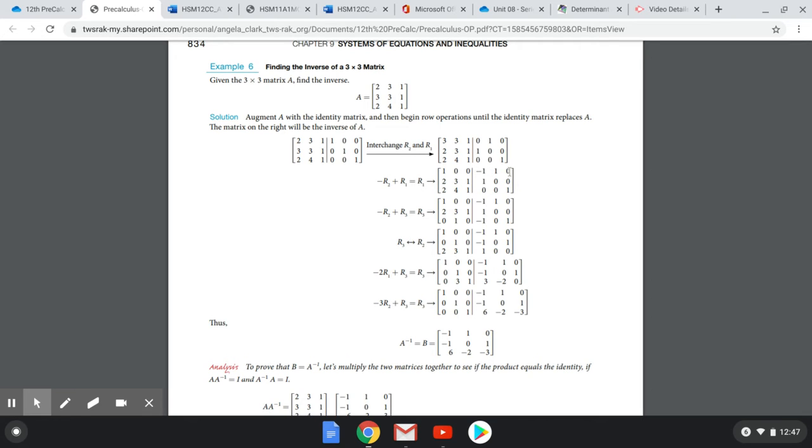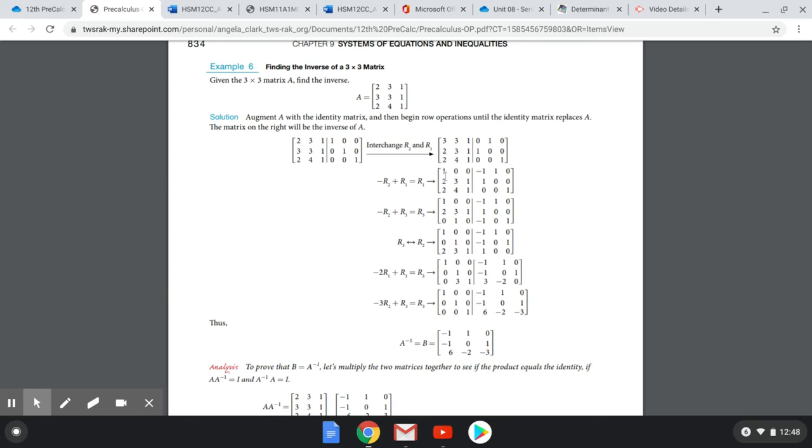So notice that we've started changing this side over here. It's no longer the identity. It just so happens that I end up with zeros here. That wasn't my goal in this step. It's just a nice thing that ended up happening. That means that we'll have fewer steps because we're not going to have to go back and make these zeros later. We've essentially already finished this row.